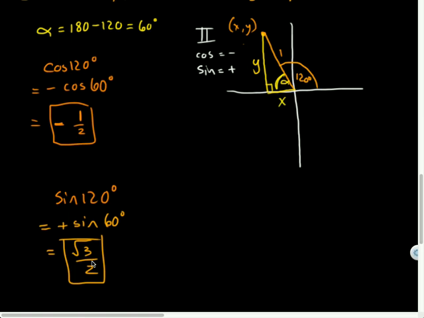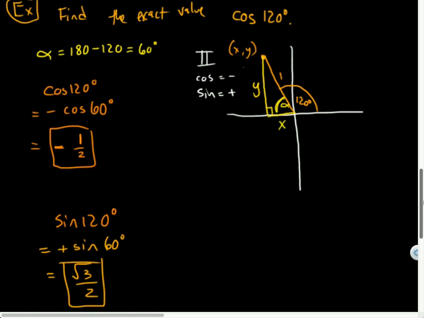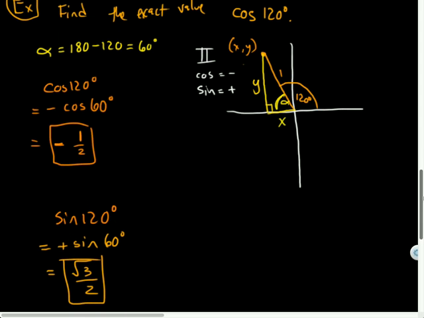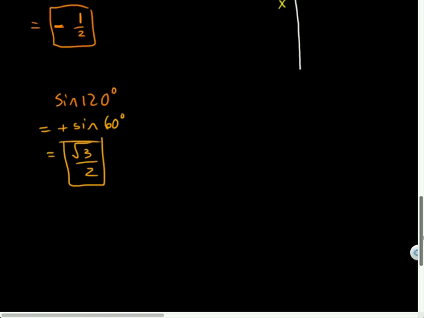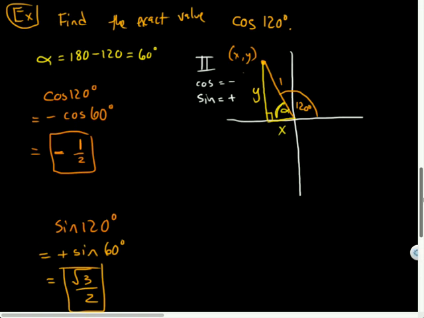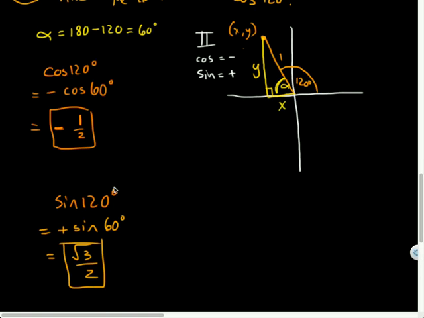Why are you doing sine of 120? Well, this was like part B of the question. I said, what is sine of 120 degrees? Sine of 120 degrees is opposite over hypotenuse, so that would be the y over 1.